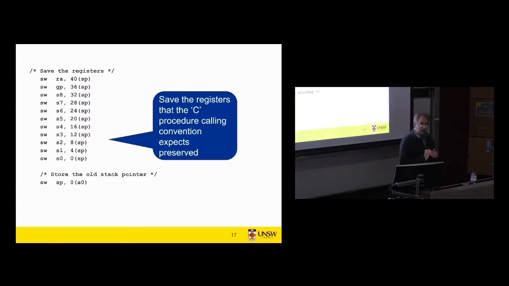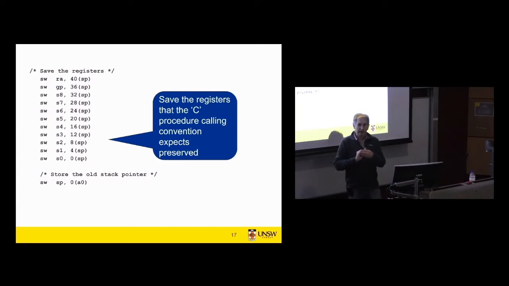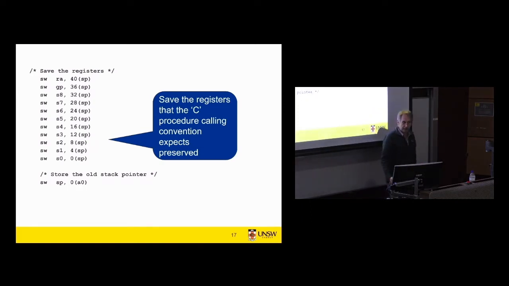So as long as yield leaves in place what the compiler expected when it generated the code surrounding the yield, as long as all that stuff is still in place when yield comes back, it doesn't really matter what goes on in the system. Okay. It'll be completely transparent to the code that's running, as long as we preserve what the compiler expected to be preserved when the code called the yield function.